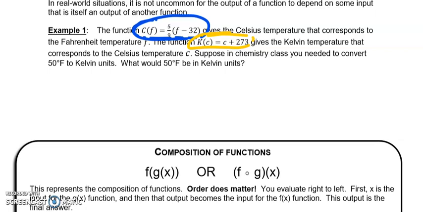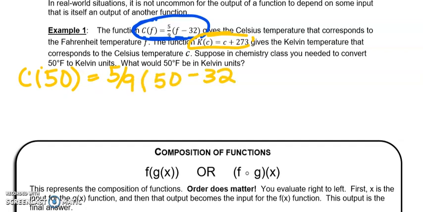So you're going to start C of 50 equals 5/9 and then 50 minus 32. We're going to throw that in the calculator real quick. It's 5/9 times the 50 minus the 32. And we're going to end up with 10.